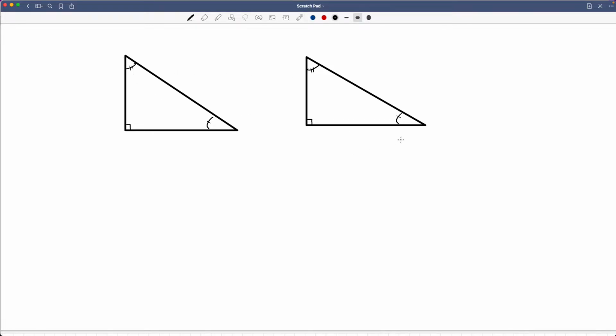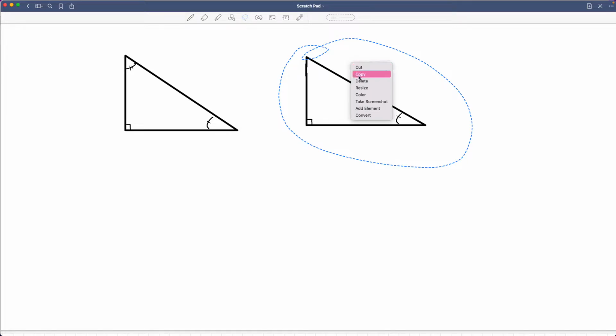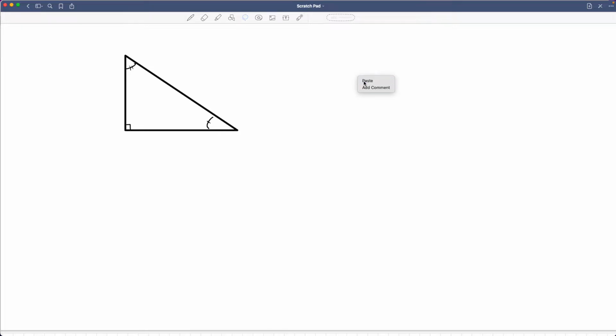But sometimes it doesn't always look like that. Sometimes, let's say, this one doesn't have the tick mark right there. Let me put this line back. And it didn't go back. Let's put it back here. There we go. Or maybe let's copy this, and then we're going to paste it back.